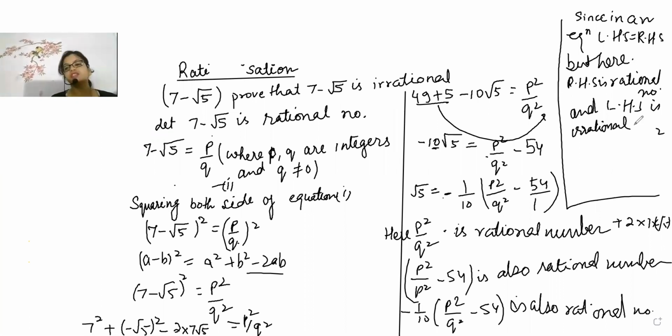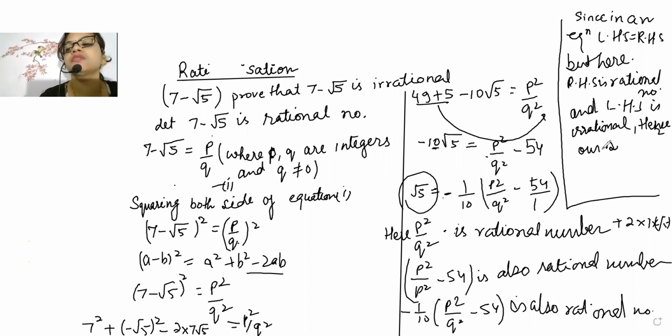So LHS is coming irrational, but RHS is coming rational. Hence, our supposition is wrong.